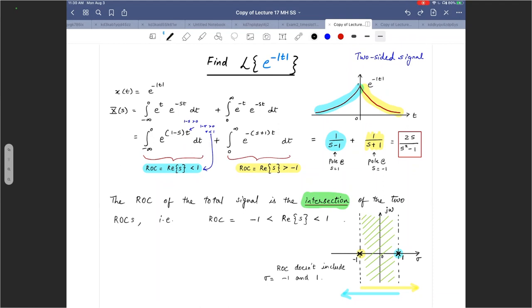And the region of convergence for any signal is the intersection of all the regions of convergence of the pieces which make up that signal. So the intersection of regions of convergence is what we are after. Questions about this example?